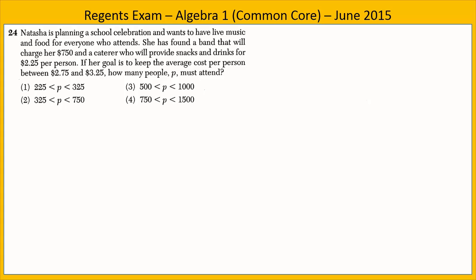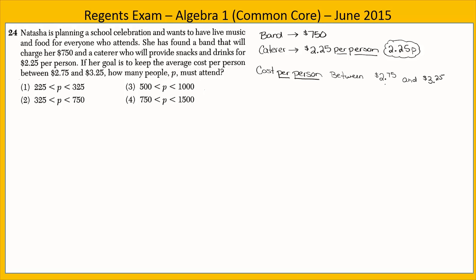Let's summarize the information that we have. A band costs $750. That's a fixed cost. The caterer charges $2.25 per person. That's a variable cost, $2.25 times p, the number of people who attend. She wants the cost per person to be between $2.75 and $3.25.